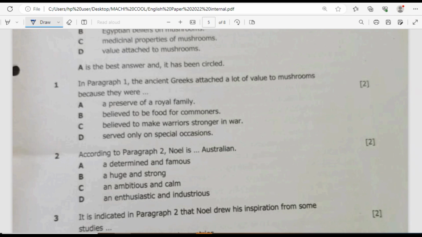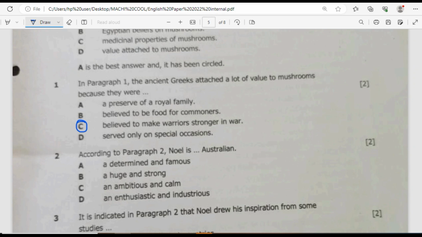Believed to be food for commoners, no. Believed to make warriors strong in war, okay, yes. Served only on special occasions. So the answer to this question, the one which is very suitable, is C.